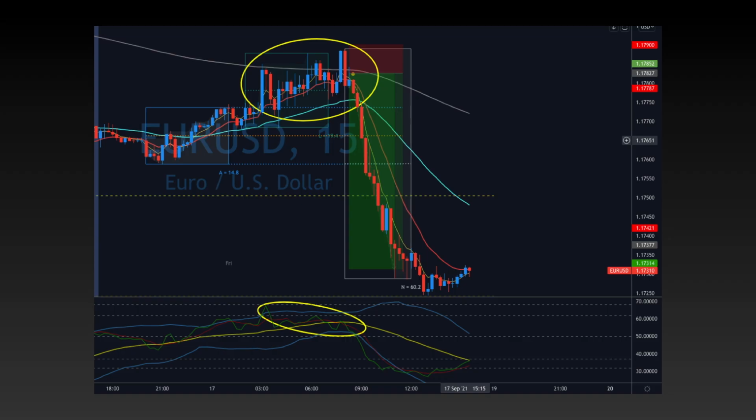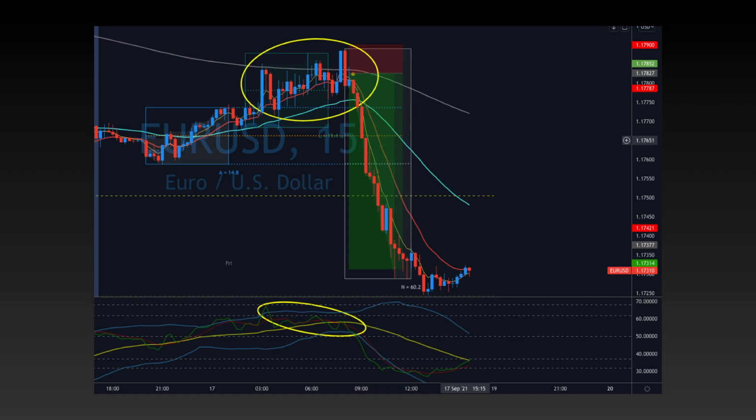But either the London second leg or the New York second leg is higher than the first leg of price action, but on the TDI is actually lower, right? So that's divergence. That's your divergence there. That's a really good confirmation.